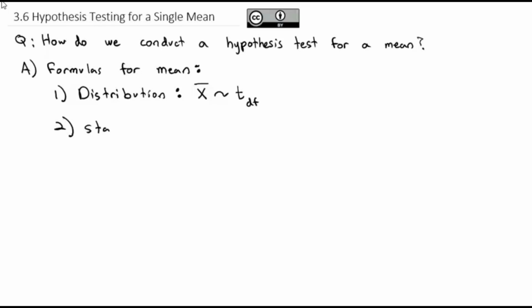The way the standard error is calculated, the standard error is equal to the standard deviation of the sample divided by the square root of n. And then we'll use that standard error to calculate our test statistic.